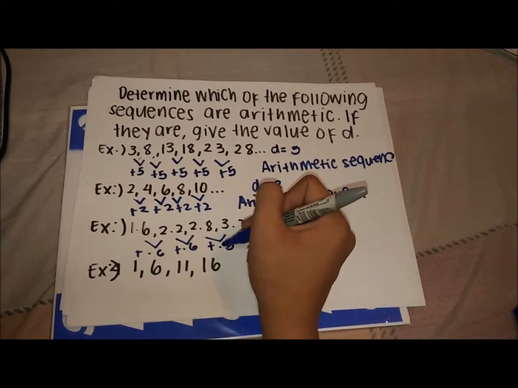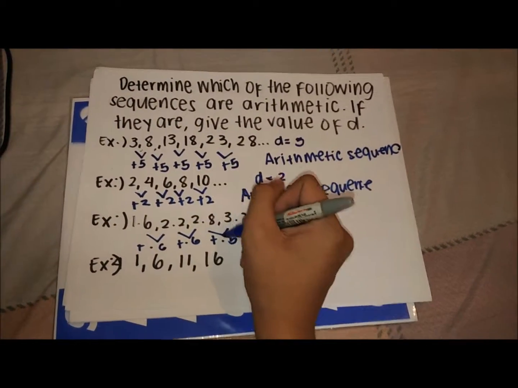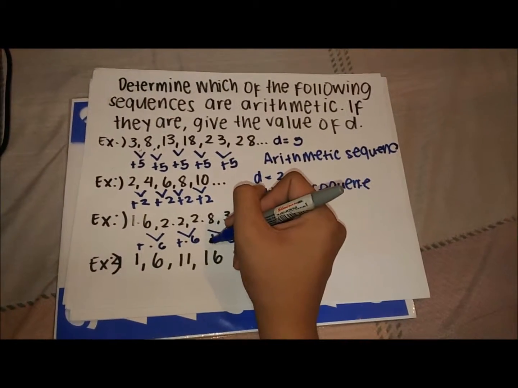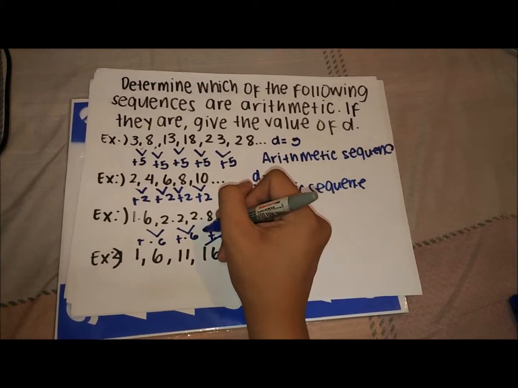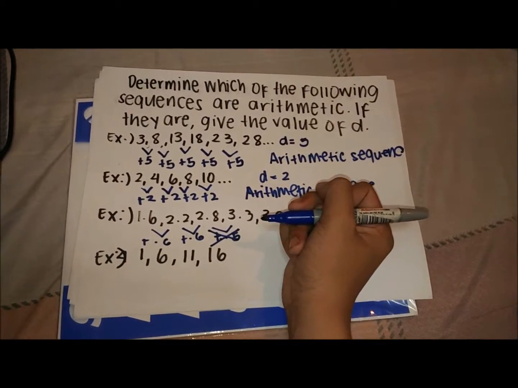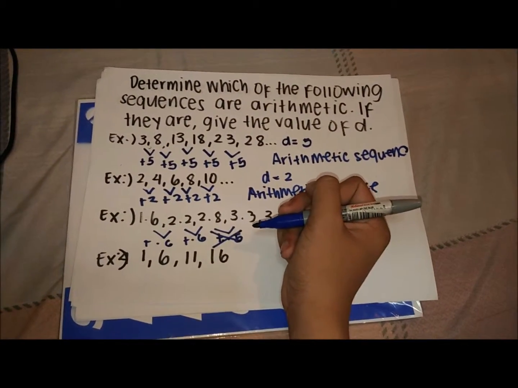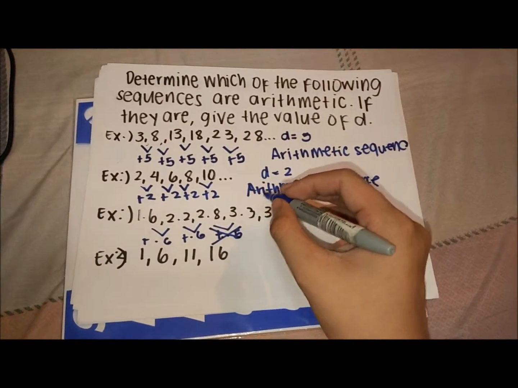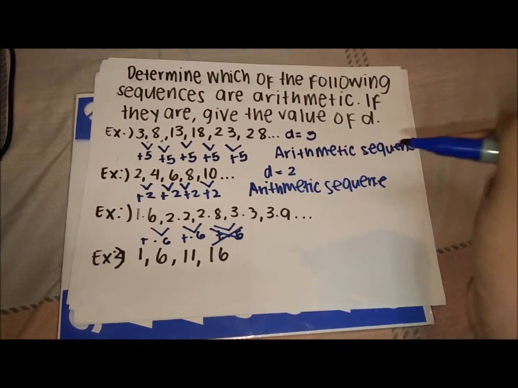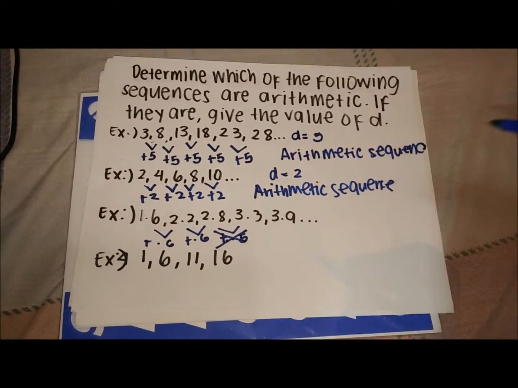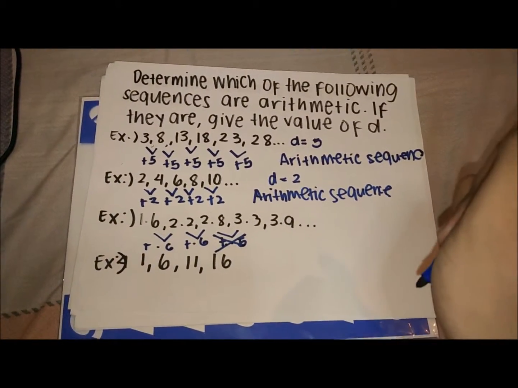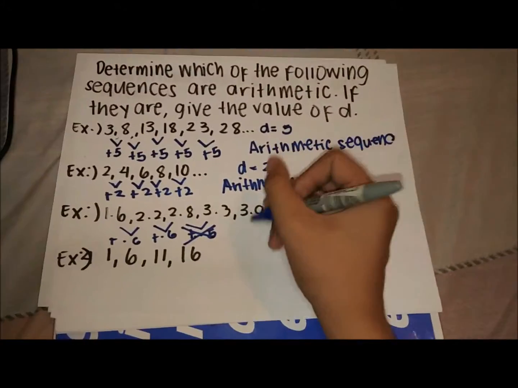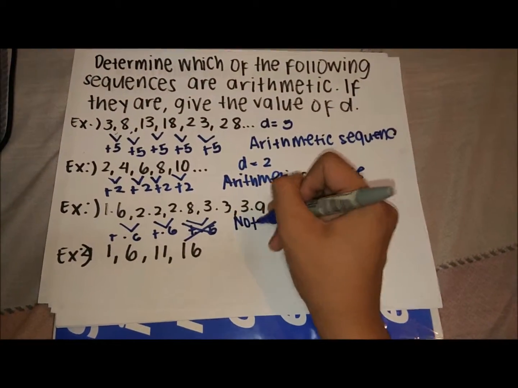So if you ever encounter this, stop, because it's not an arithmetic sequence. The common difference is not constant. Even though the other differences are 0.6, if you get a different number, just stop because that's not an arithmetic sequence.